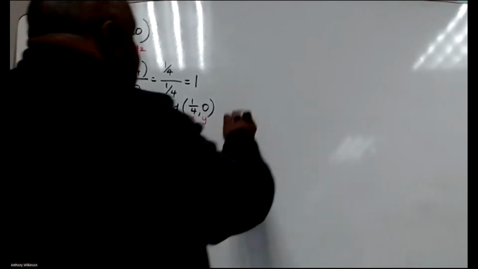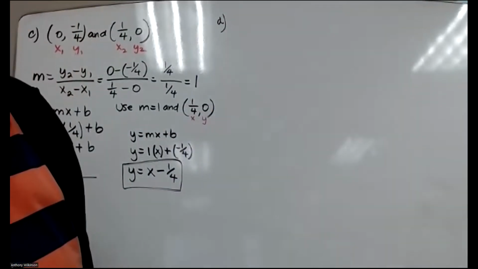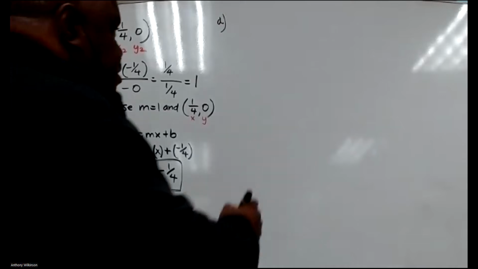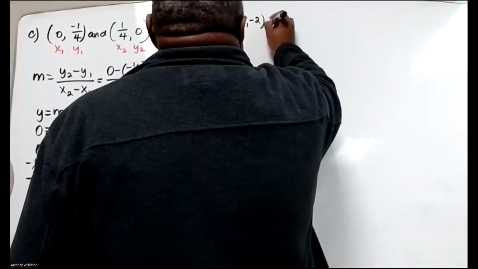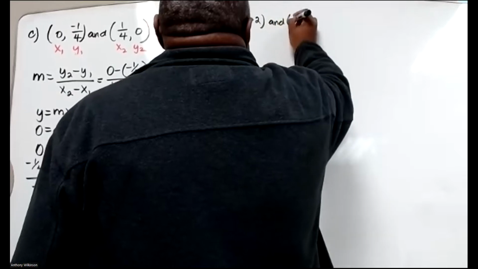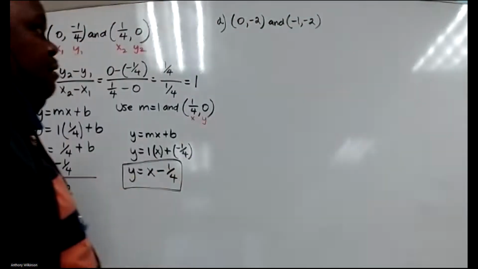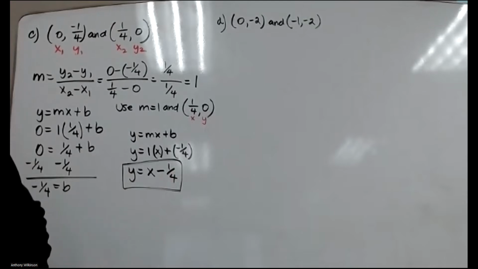Okay, now part D, same thing. This time we got (0, -2) and (-1, -2).